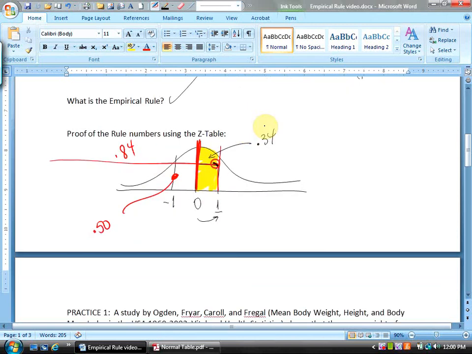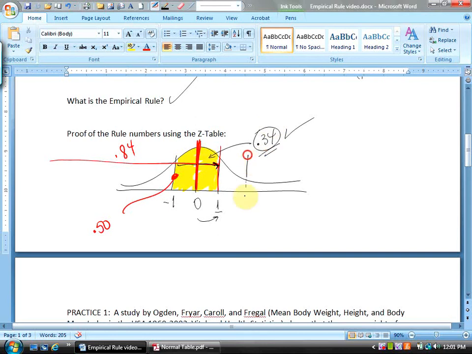Here we only went to the right, so it's 34, but we have the other half right there. So the other 34 is right here, and now we have the 68. Okay, so the table confirms the empirical rule that if I go 1 standard deviation to both sides, 1 to the right, 1 to the left, I get 68.